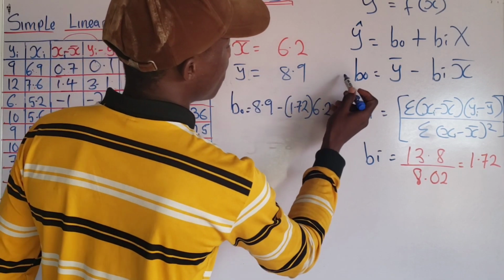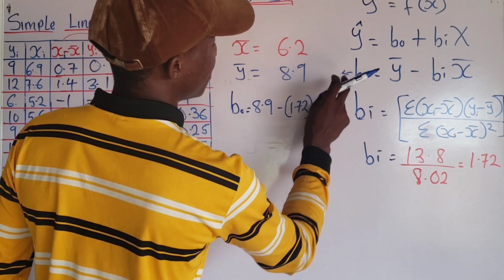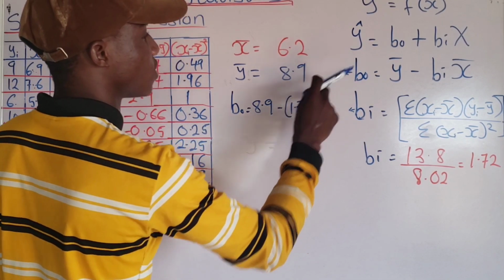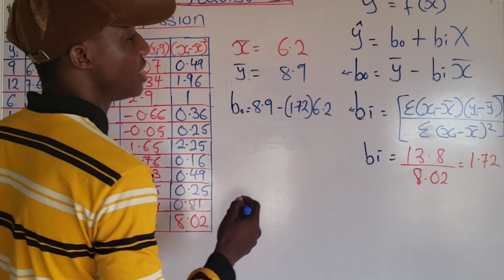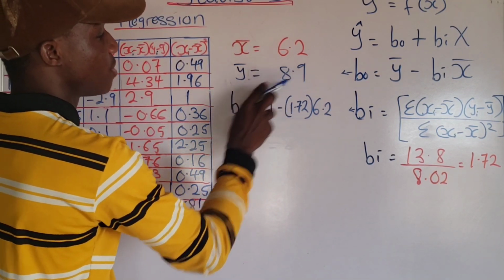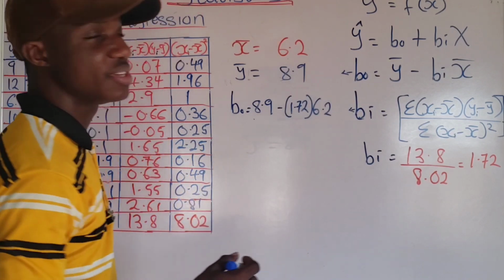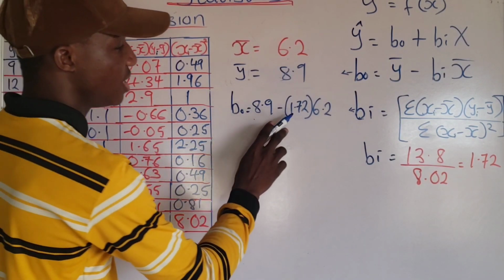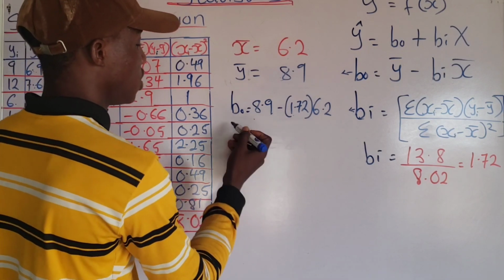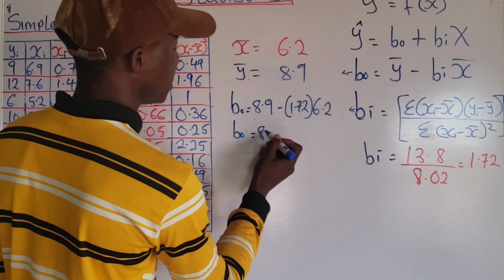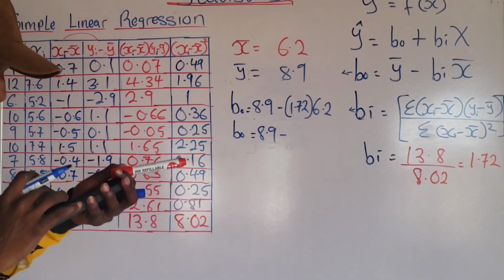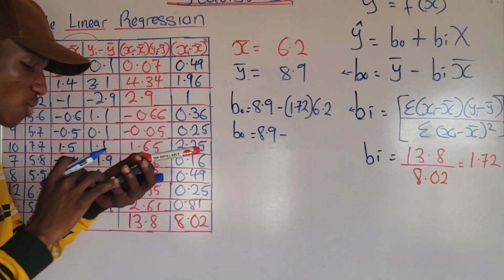This is the formula for the intercept. From the intercept formula, I need to take the difference between the mean value of y and the product of the gradient and the mean value of x. So the intercept is equal to 8.9 minus 1.72 multiplied by 6.2, that is 10.664.